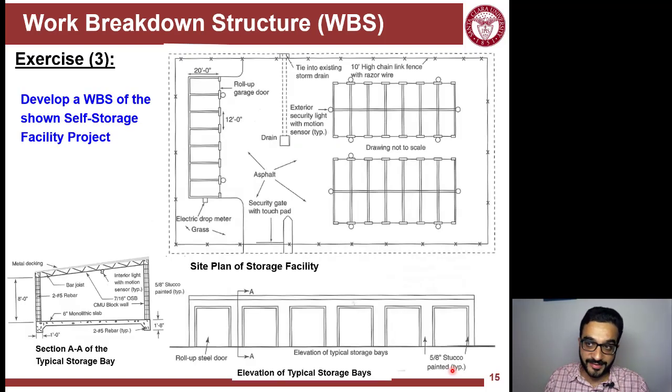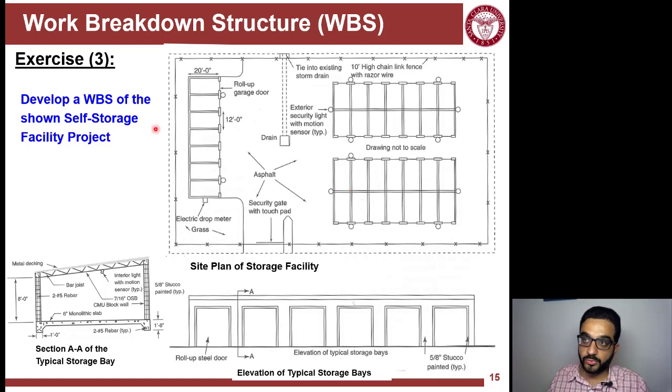A third exercise here is developing a WBS for multiple views or plans of a self-storage facility. So we have here a plan, an elevation of a typical bay of storage, and a cross section here in section A. It shows different systems, but you can also detail the scope here using a WBS.